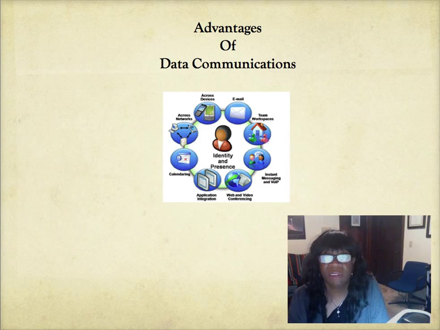The third advantage of data communications is that it influences the way people interact with each other. Data communications gives us the opportunity to visit people, say our bosses, our fellow colleagues, our students, our family and friends, from the comfort of our own homes.